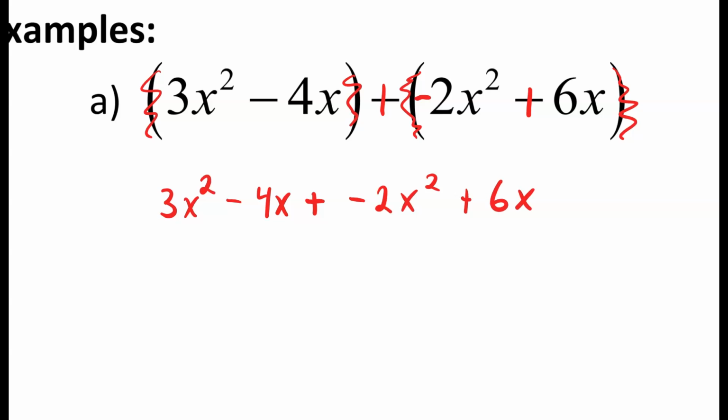Now we have adding a negative. What we could really do is just remove that, and it's a subtract 2x squared instead.